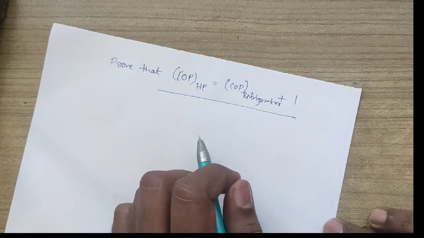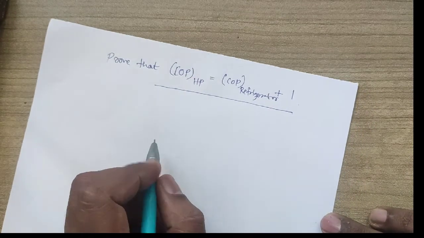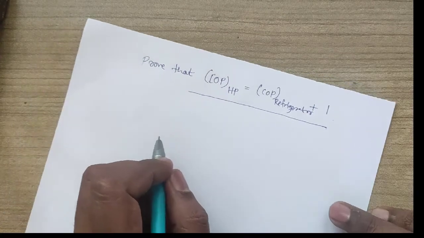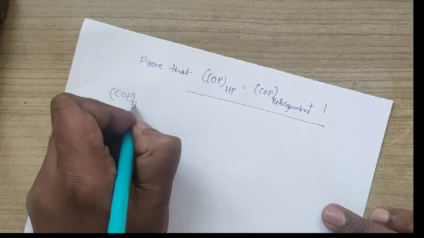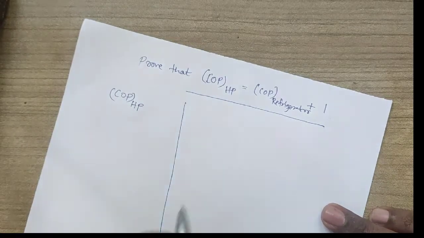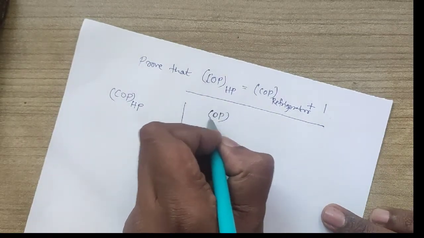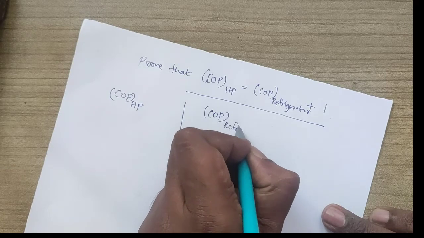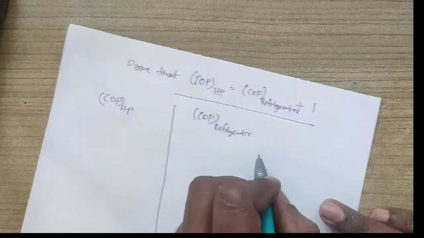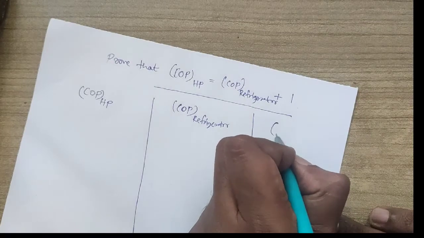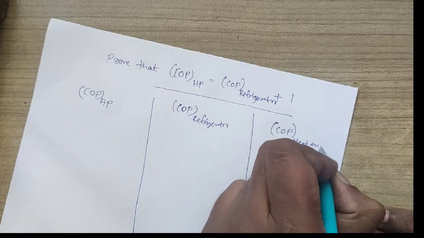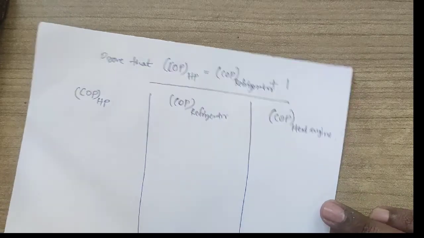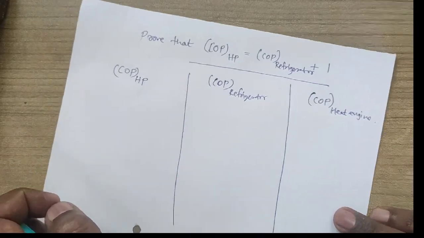To prove this, firstly we have to find out what is the COP of heat pump, what is the COP of refrigerator, and what is the COP of heat engine. Actually heat engine is not essential here to prove this statement, but we can prove it so that it is very easy to understand.